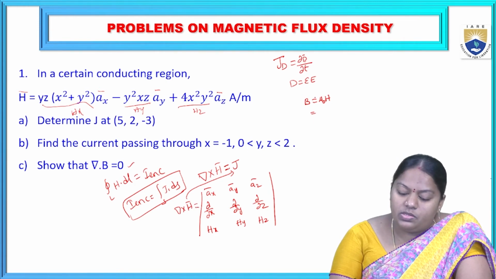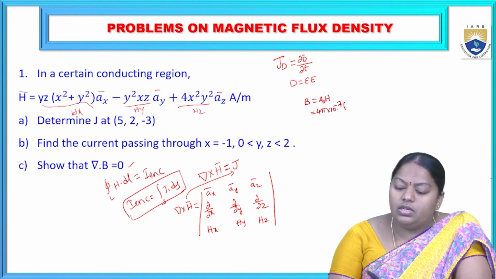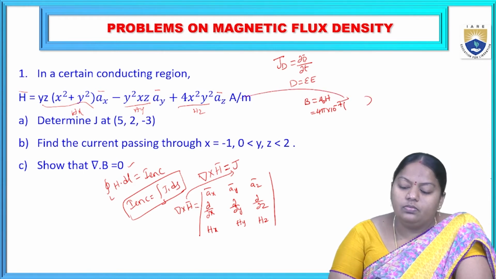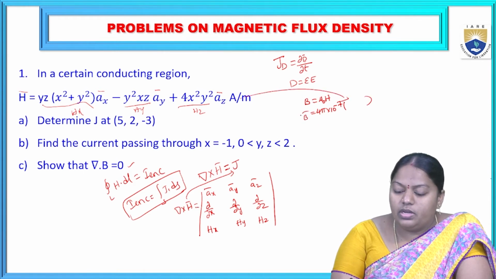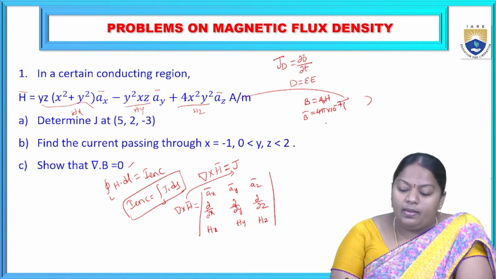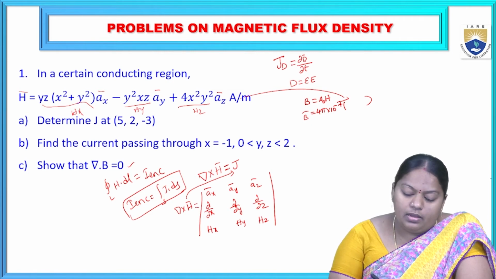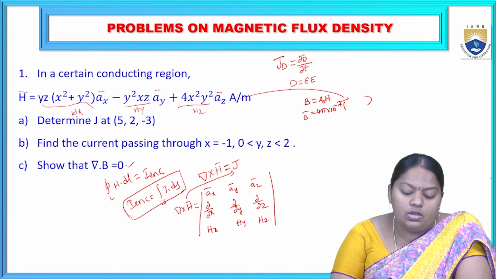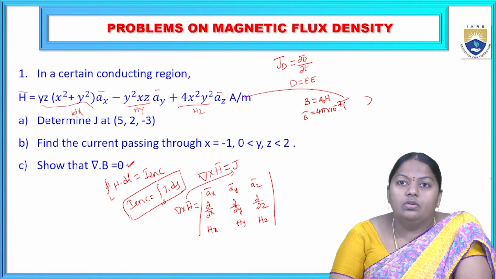The mu naught value is 4 pi into 10 power minus 7, and H is to be taken from the given value. This is the way we get the value of B. The formula for del dot B, the divergence of magnetic flux density, is equal to 0. This is what we are going to prove now.